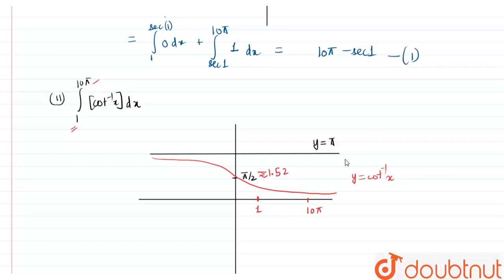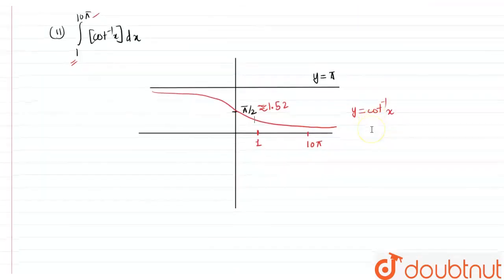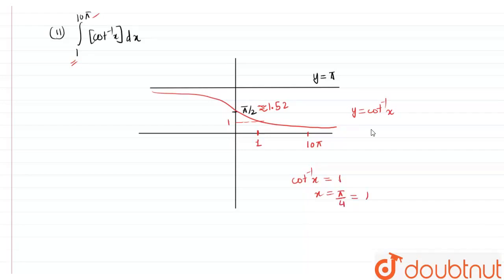Alright. So as you can see, this is approx 1.56. Now let us see where we have y equals 1. Alright. So we write cot inverse x equals 1, and from here x becomes cot 1, which is the point where the graph's value is 1. Now, pi by 4 is 1.56 divided by 2, which is 0.78.